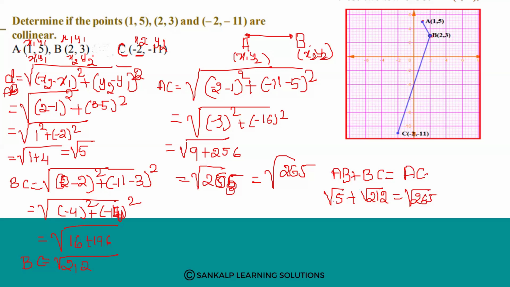No. Therefore, AB plus BC is not equal to AC. Therefore, points A, B, C are not collinear. If AB plus BC is equal to AC, that is collinear. But here it is not equal to AC, so not collinear.